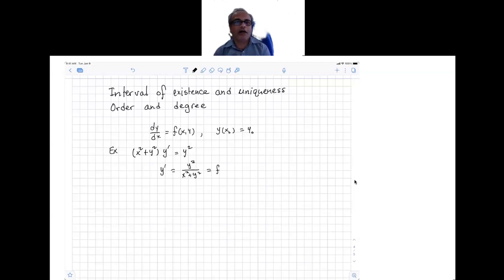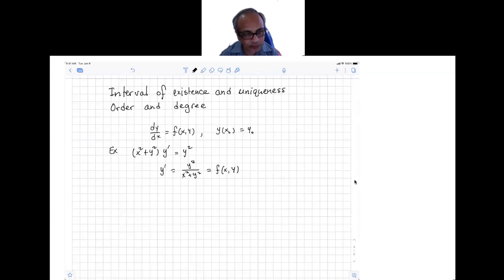Now you find the partial derivatives of f with respect to x and with respect to y. What you need here is the partial derivative of f with respect to y, the dependent variable, not with respect to the independent variable.